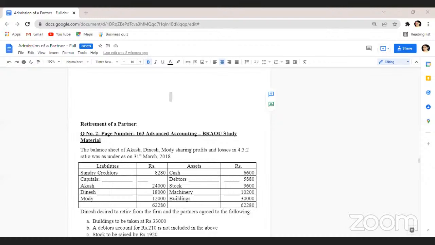So in such a case, 46,800 minus 13,600 is 33,200. And here 31,200 minus 12,400 is 18,800.